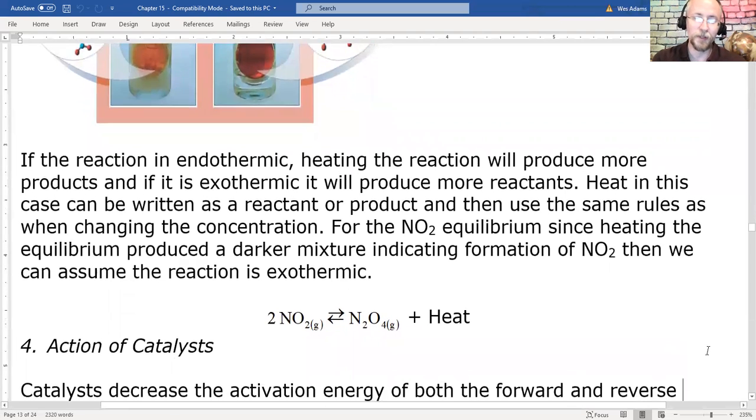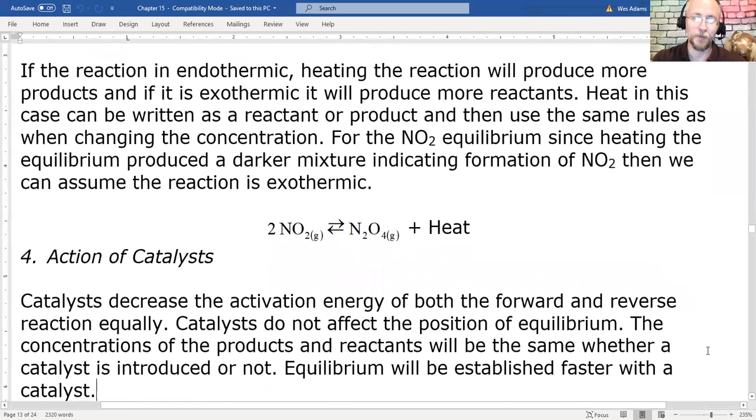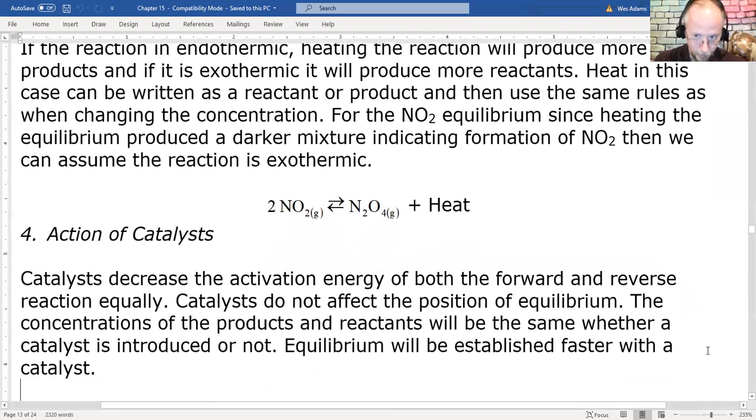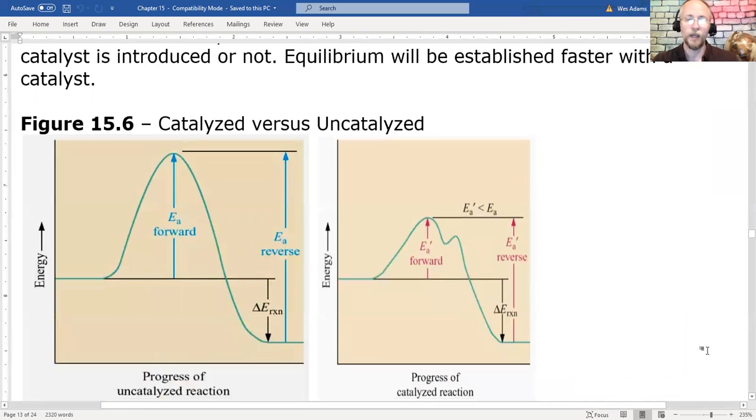Action of a catalyst wasn't in the initial list because catalysts do not affect the position of equilibrium. It will allow it to reach equilibrium more quickly, but adding a catalyst does not affect the position, so it won't shift with the addition of a catalyst. And so we can see the catalyzed versus the uncatalyzed again.